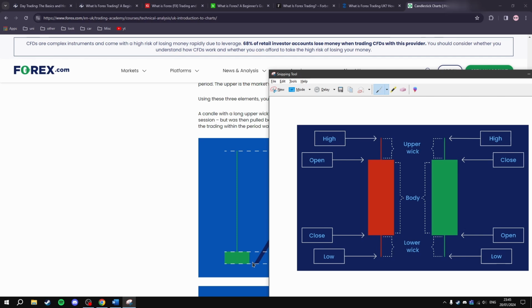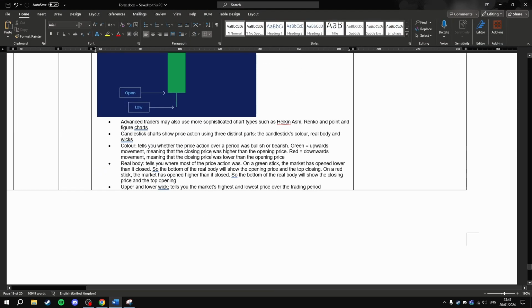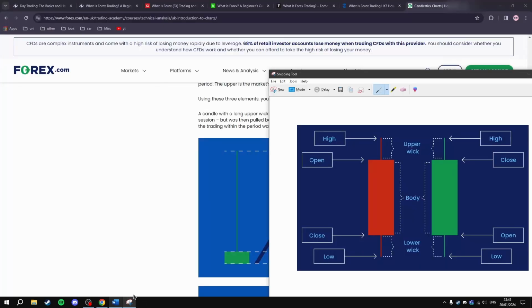The lowest price is pretty much the opening price. And what does green mean? Green means an upwards move, meaning the closing price is higher than the opening price. Of course it shows in there.